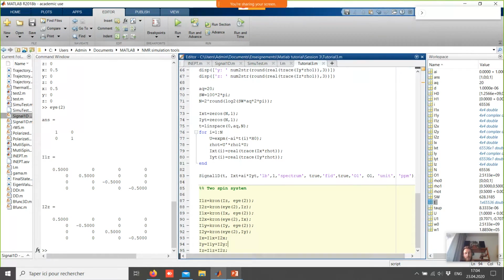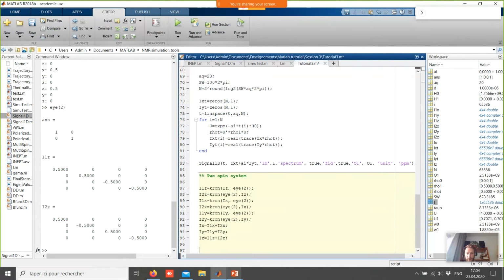So now we have operators, but we also need the density operator. So rho 0 will now be, we can define it like this, the Kronecker product of, how do we want to write it?